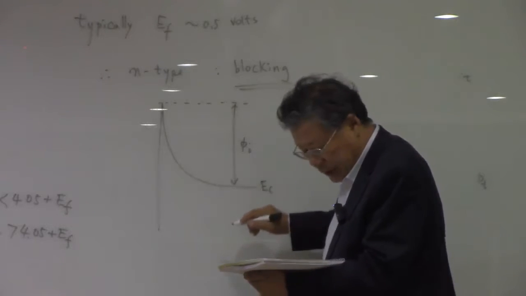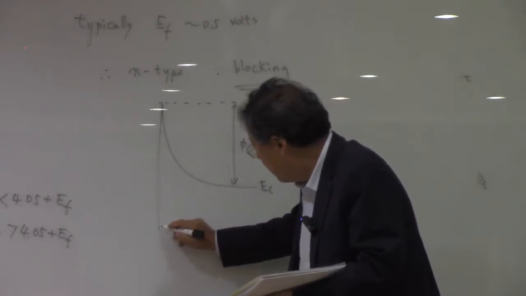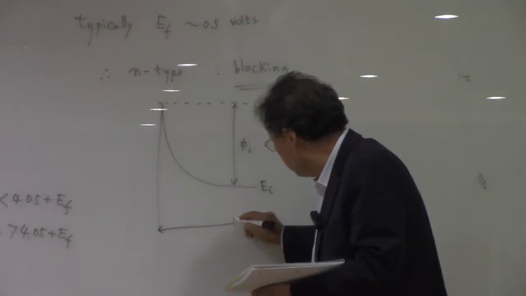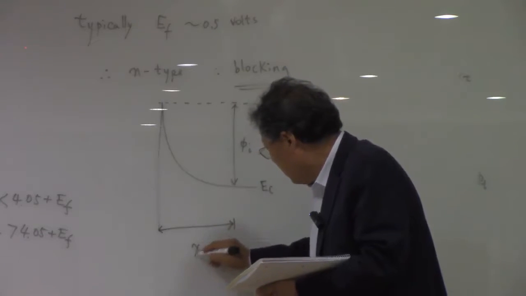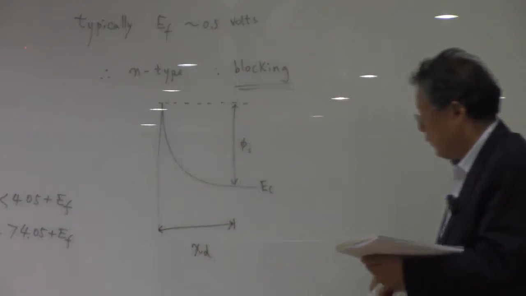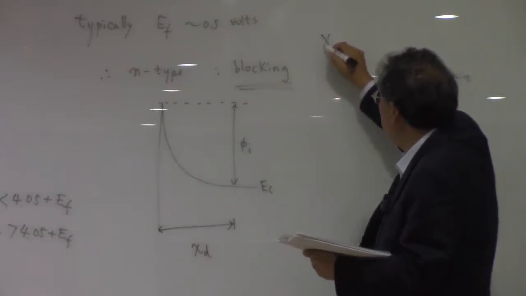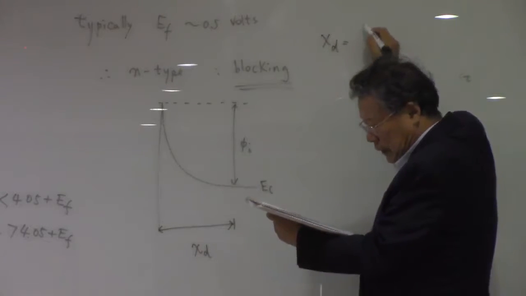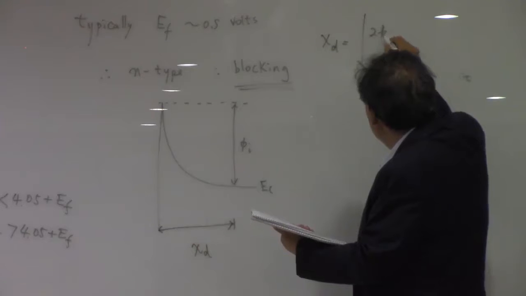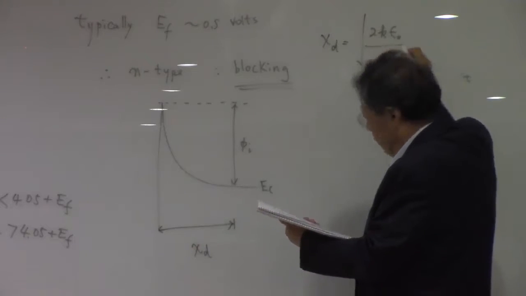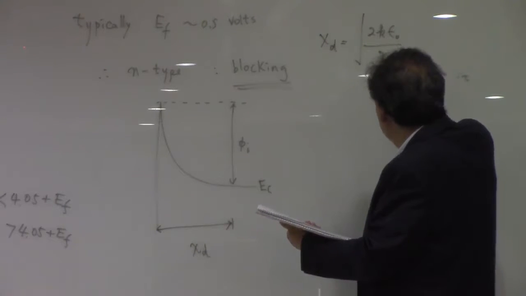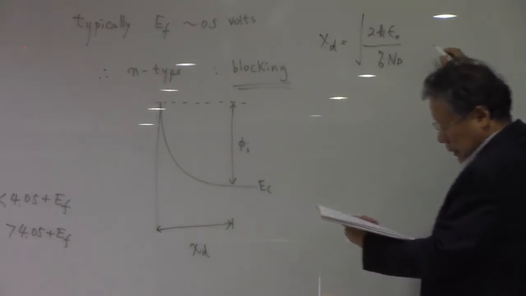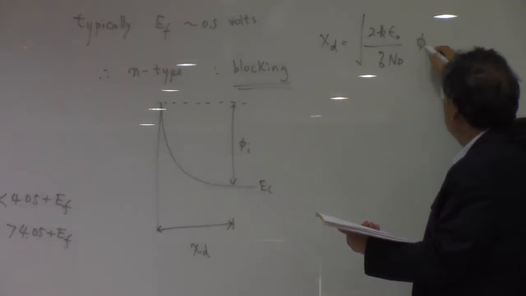And the XD here, the XD is the depletion length, okay? The XD can be calculated from these numbers, Q, N_D, and phi_i.